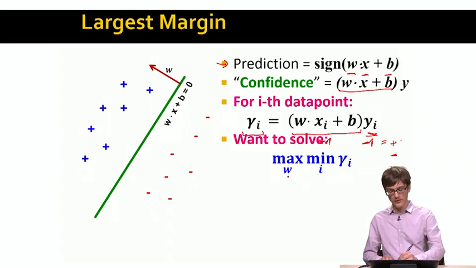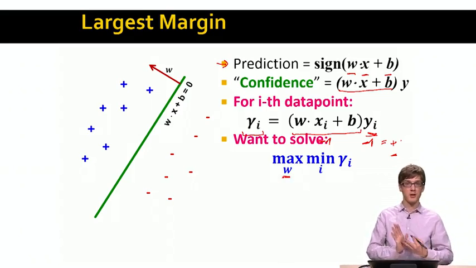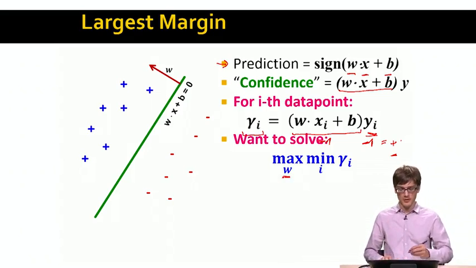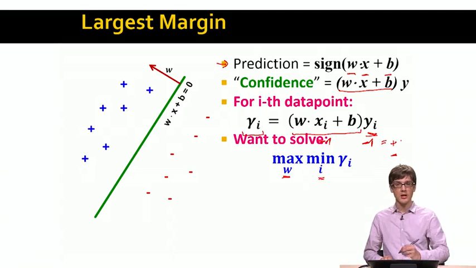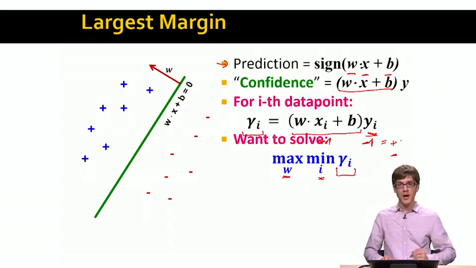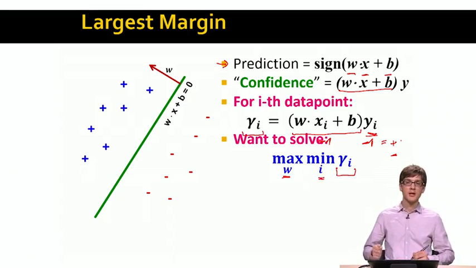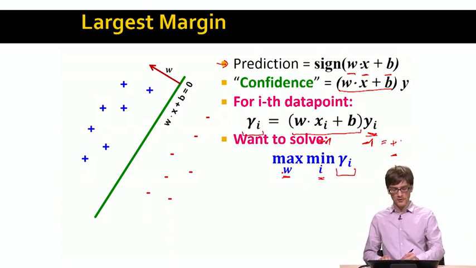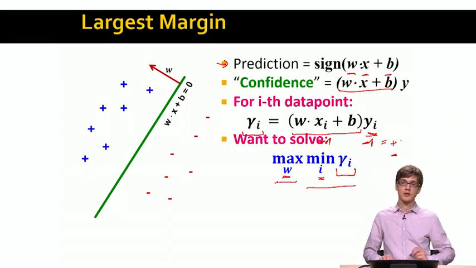Okay? Given this in mind, what do we want to do? We want to find W. We want to find the separating hyperplane, the decision boundary, such that for all our training data, the margin of each data point is as large as possible. So we want to find W where the smallest margin is as large as possible.